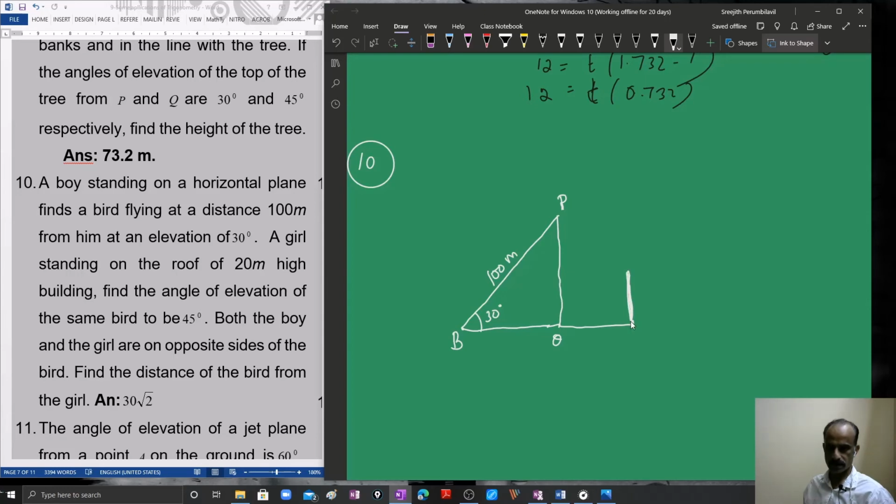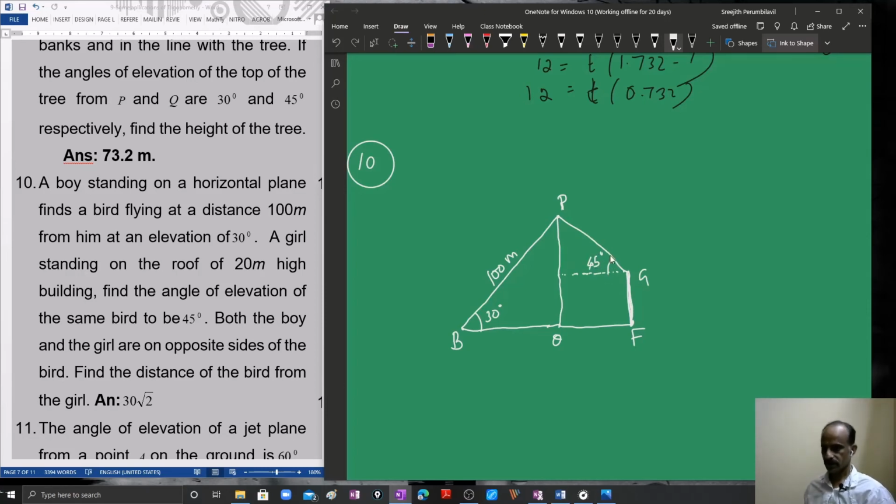GF is the building, and the girl is standing on top of it. From there she observed, so the horizontal is this way, and the angle of elevation is actually 45 degrees.